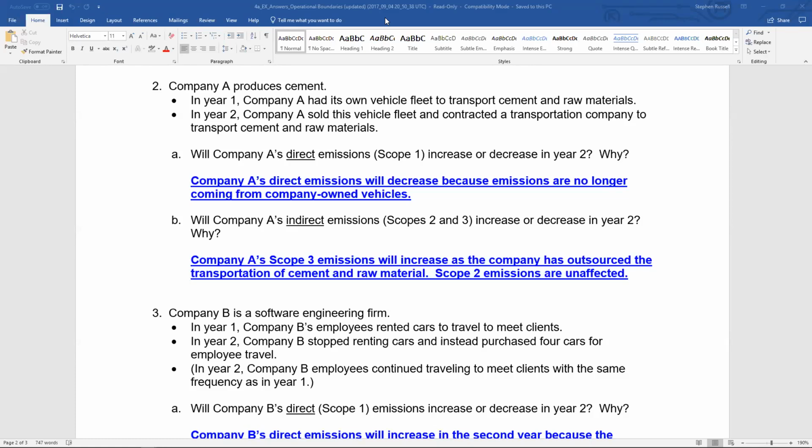So the company's direct Scope 1 emissions will decrease because the emissions are no longer coming from vehicles that are owned and controlled by the reporting company, and because the emitting activity was outsourced, Scope 3 emissions will increase. Scope 2 emissions, we assume, are unaffected unless the company uses electric vehicles.